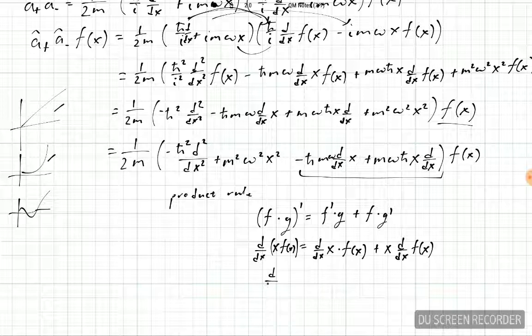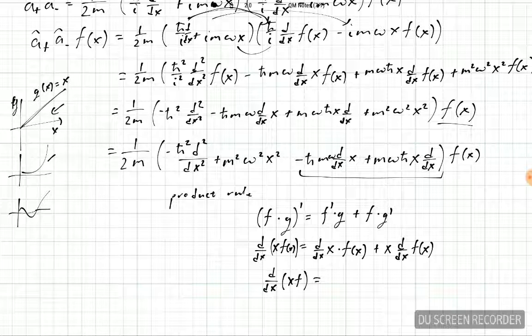Or as he wrote it in the textbook, he wrote it like this, where you have d dx of x times f is now, and that's just a 1, right? So d dx of x, the derivative of x, well, shouldn't use f, we'll call it g. And g of x just equals x.